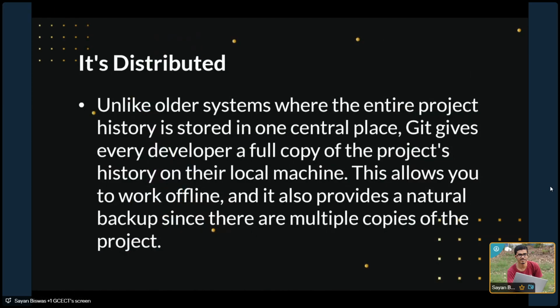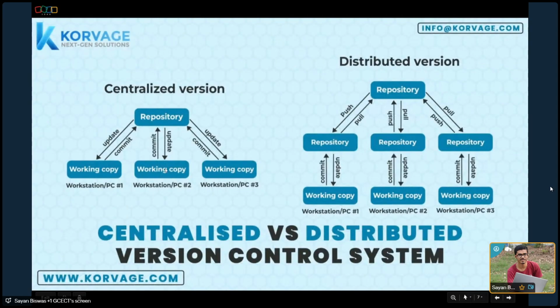Next, Git is distributed. What do you mean by distributed? See, there are two types, centralized version and distributed version. In a centralized version, there is a central repository, and say these are the users. Three users are there. They work directly on the central repository. So you make a change, you commit the change to the repository.